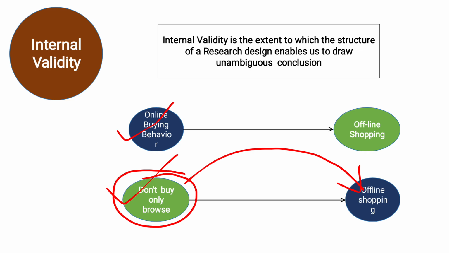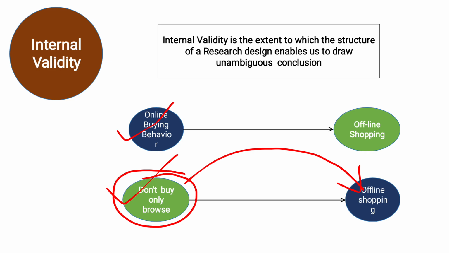Then I can say that my study design, or my literature review, or my conceptualization is so robust that I can explain the offline shopping behavior with sufficient variables, so that I am not left out with any variables.